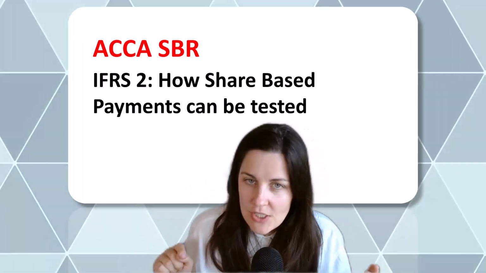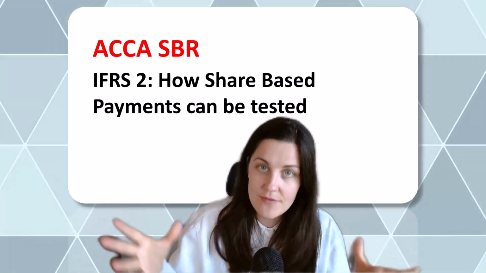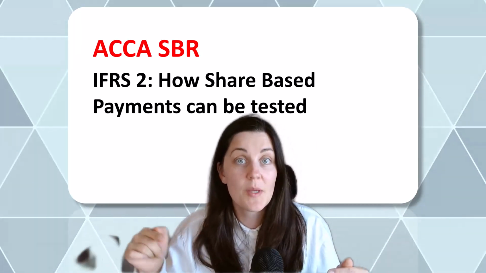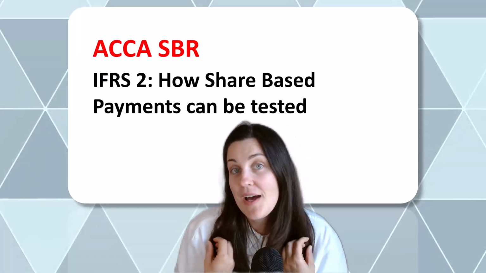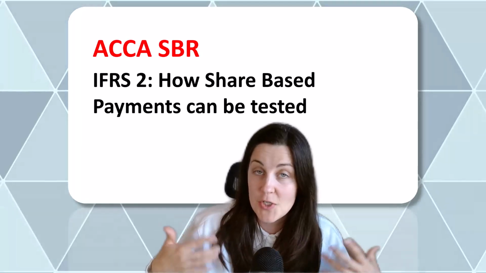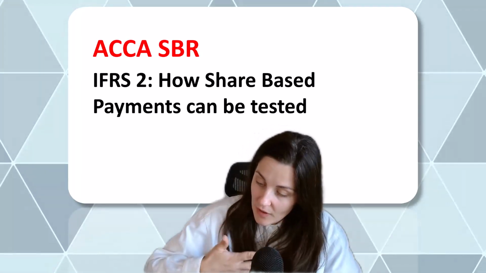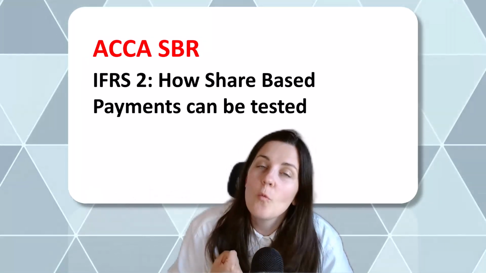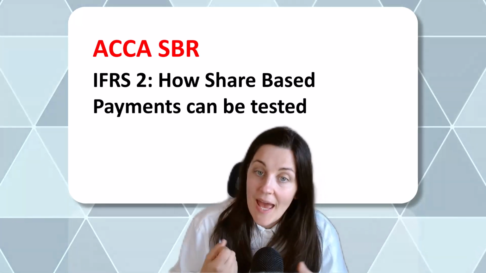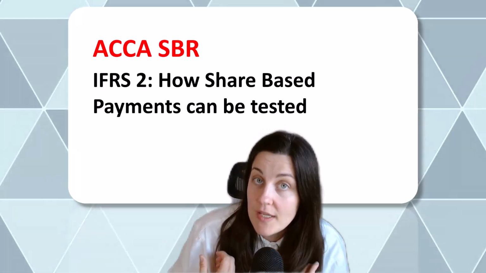And IFRS 2 tells us that this very transaction will need to be recognized not at the fair value of your own shares that you transfer, but rather at the fair value of whatever you get. And you will need to be able to stress this difference.